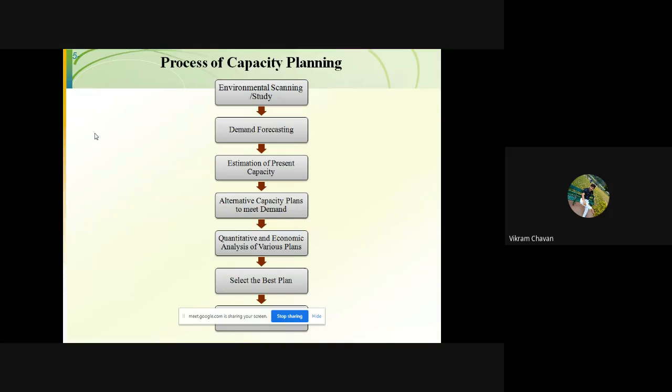Then we saw the difference between utilization and efficiency, and how to calculate utilization and how to calculate efficiency. Utilization is nothing but the actual output as a percentage of design capacity.